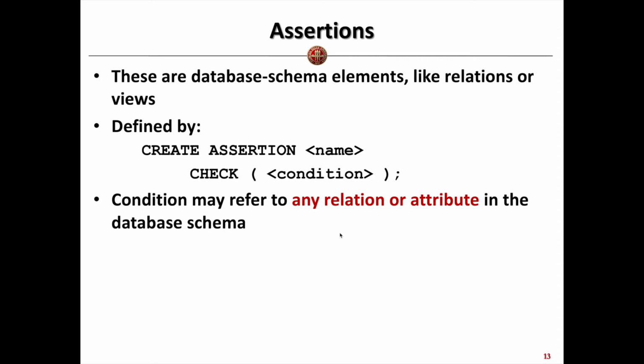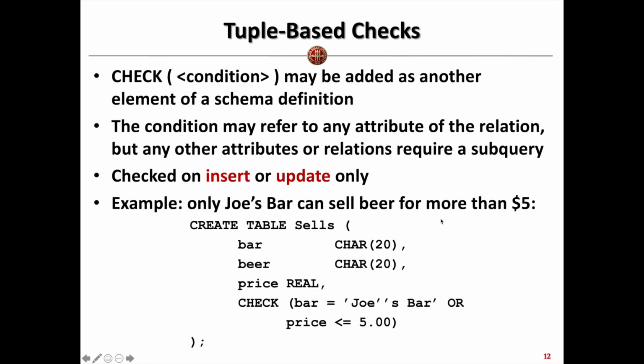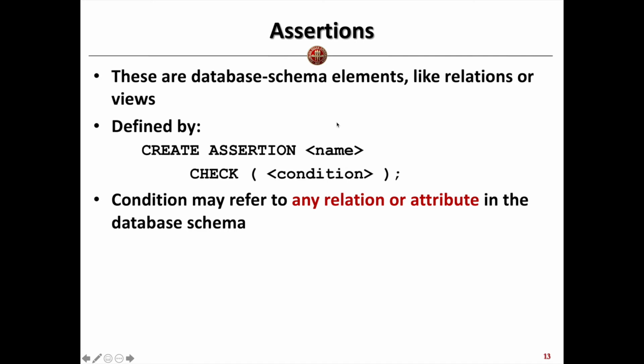Therefore, we can use all the relations and attributes here. Before we mentioned that if we use some other relations or attributes, we have to use subquery, right? Because it is inside one table, one relation. And this assertion is outside of the relations. It's for all the database system, right? So therefore, we can use all the relation attributes in the assertions without using the subqueries.